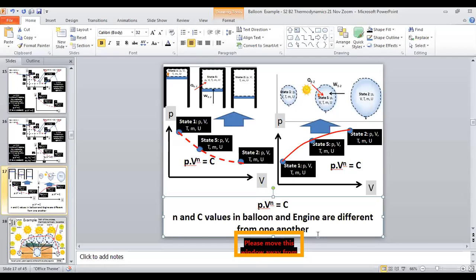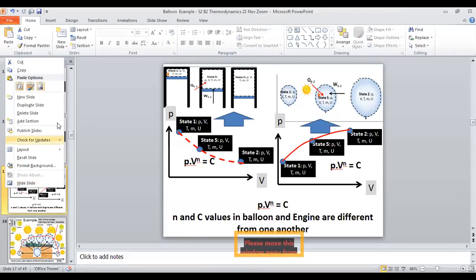Now you have some familiarity, so generally you can have this kind of application in this way. So that's how it is. PV to the power n is a constant. I believe this is okay for you, and let me move forward.